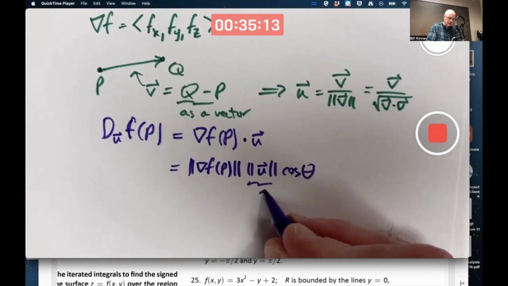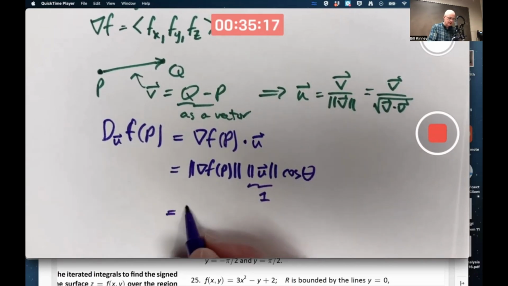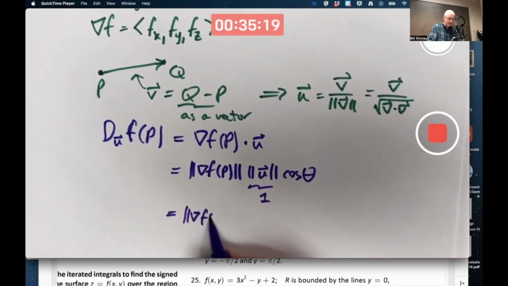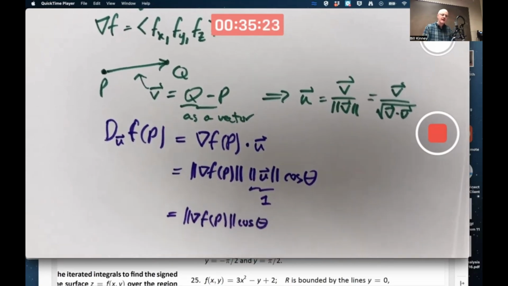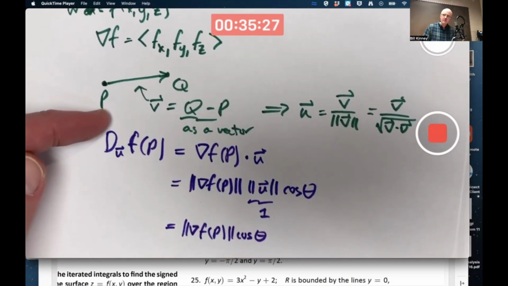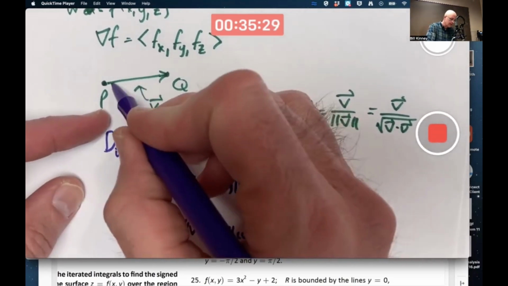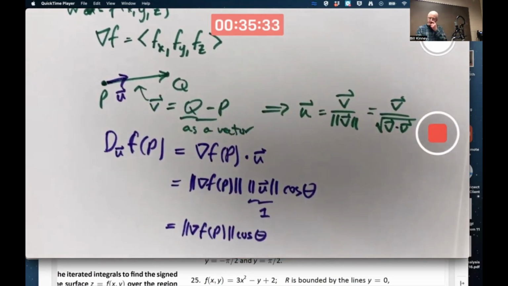But the magnitude of u is 1 because it's a unit vector. So this is just the magnitude of the gradient vector at P times the cosine of the angle between what? Between the gradient vector and v.